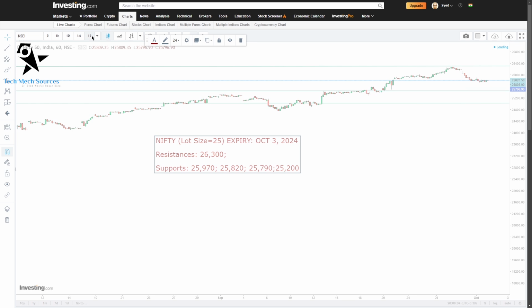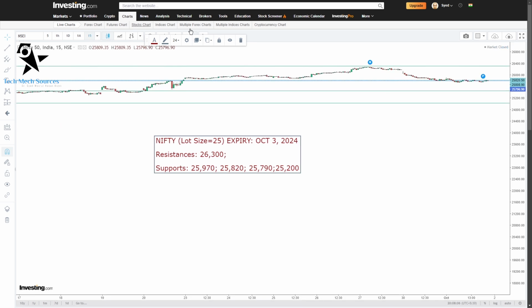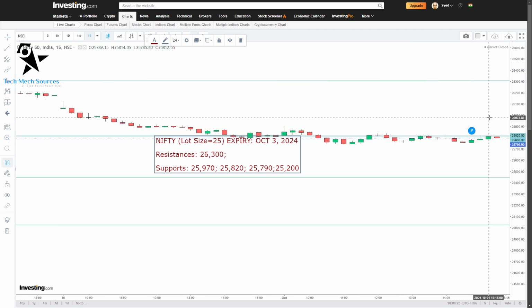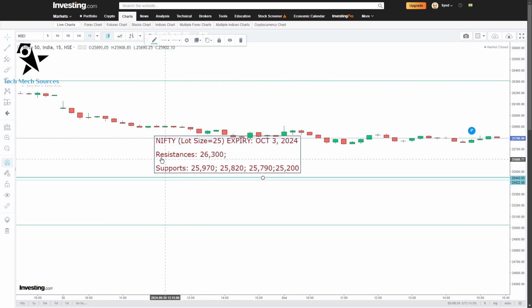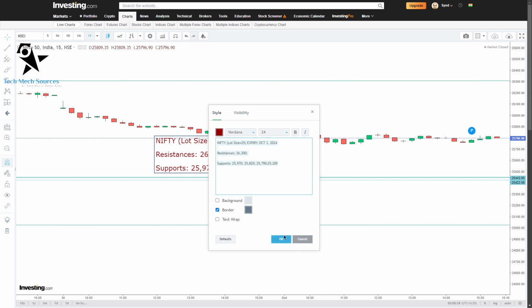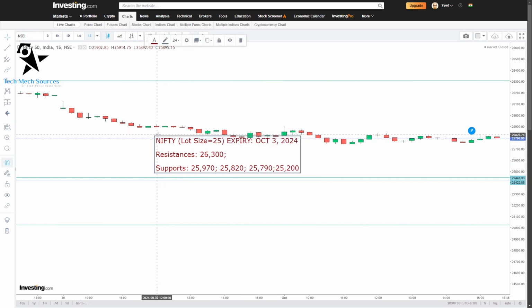So we'll go for the 15-minute chart and we'll see the support. Because the range is not high, we are not able to see. So let us zoom this 15-minute one, and then see our supports and the resistances. Do we have anything like that here?